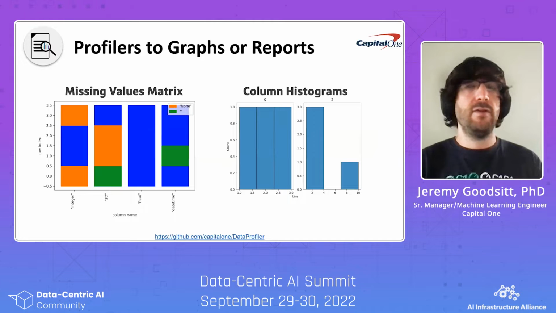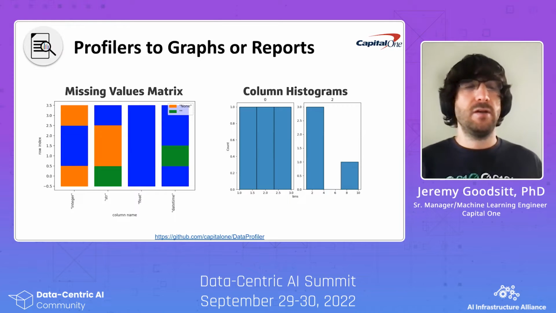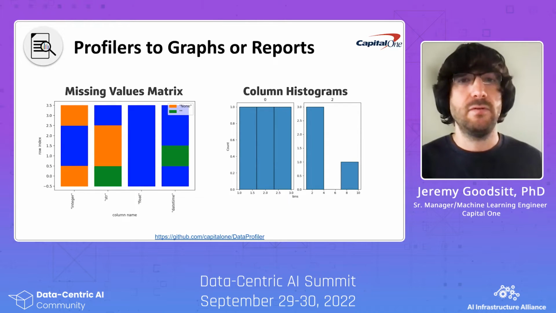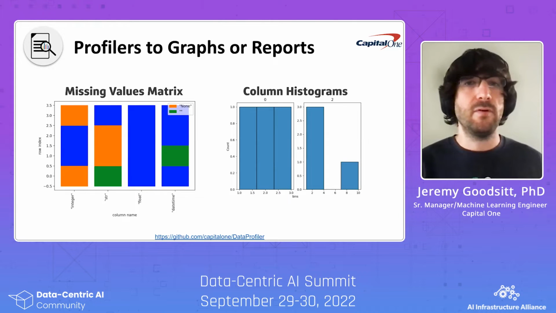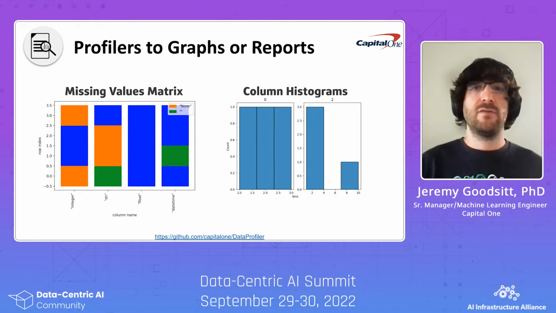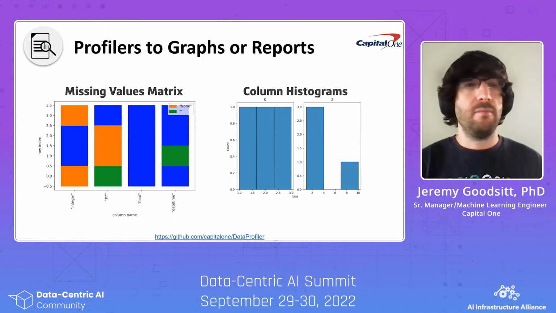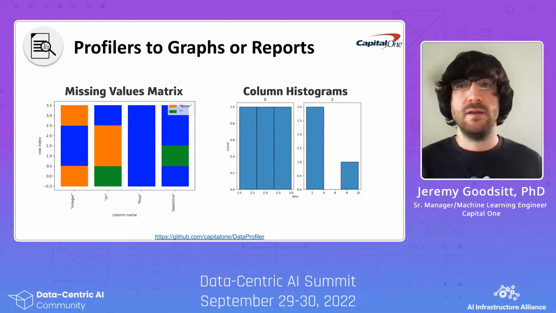And then if we look a little bit into more detail, you can utilize this while not programmatic. These profiles can help generate human digestible results. So from a profile, generating these reports, whether they're graphs or PDFs or whatever it might be, being able to explain what's happening in these data sets is really important for the person developing these models.